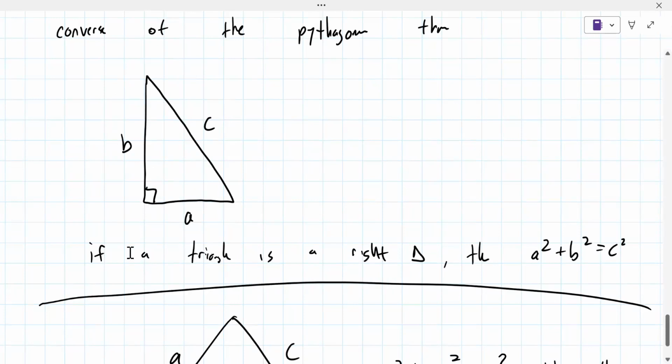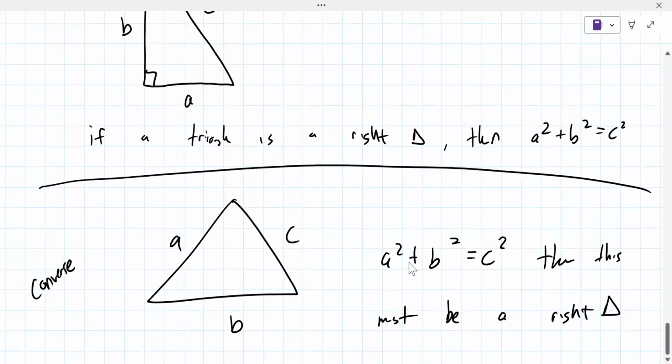It's like, if it's a right triangle, then this. But the converse always starts with the output of the original, like if this thing is true, then the... what is it called?